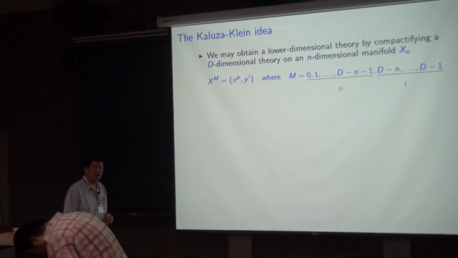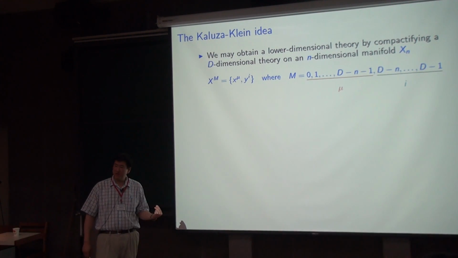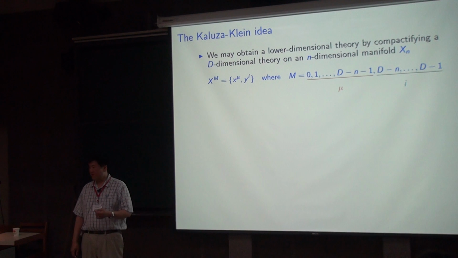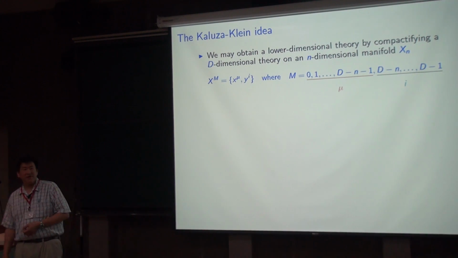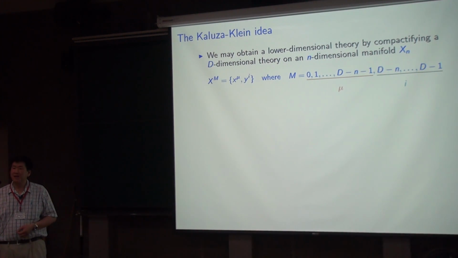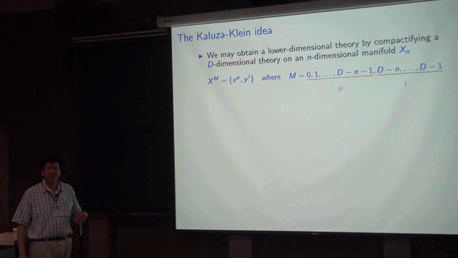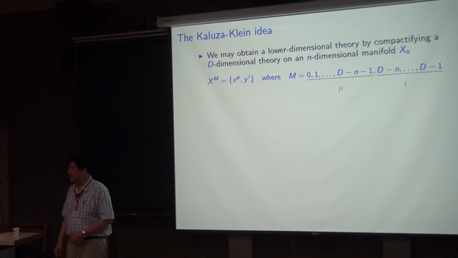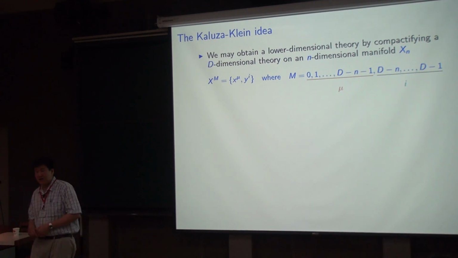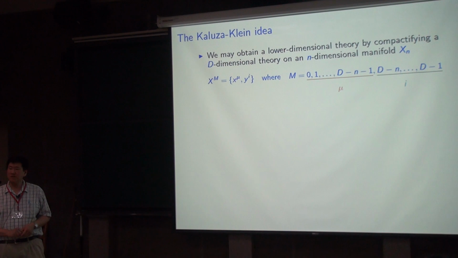I also showed you how 11-dimensional supergravity can be compactified on a circle to construct 2A supergravity in 10 dimensions. And so I hinted at least that you can move up and down in dimensions by compactification or by lifting. I'd like to go over that in a little bit more detail today.